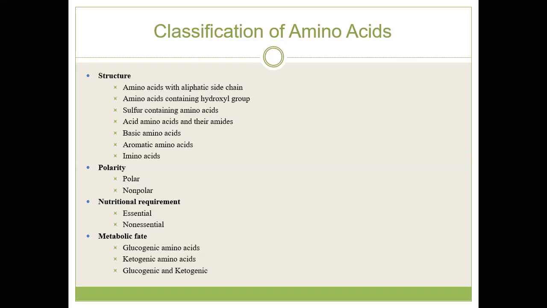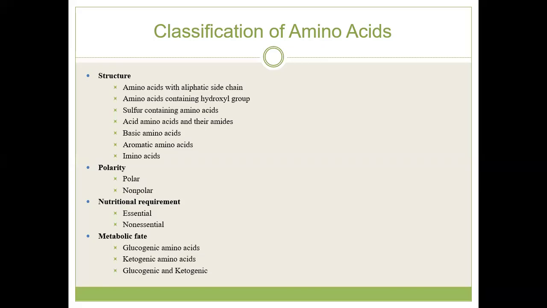Why are they called semi-essential? Because they are produced in less quantity than the requirement. Even when they are produced, they don't meet the requirement. This includes histidine, arginine, lysine, and methionine, which we initially mentioned as essential amino acids.